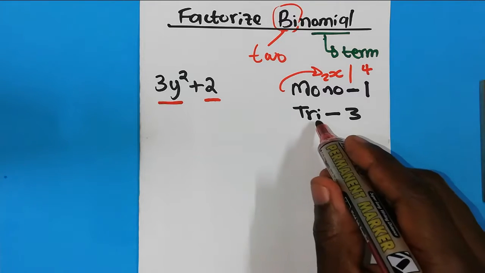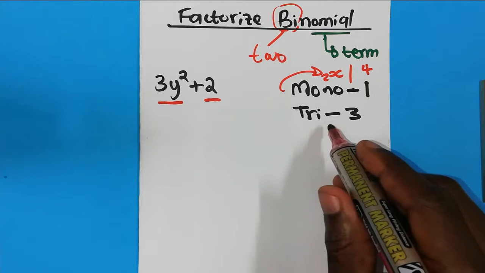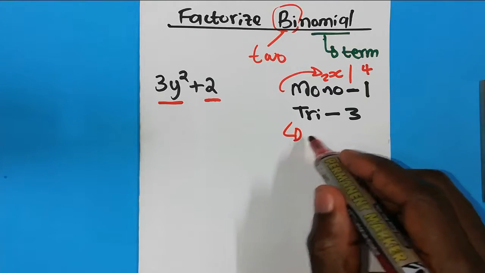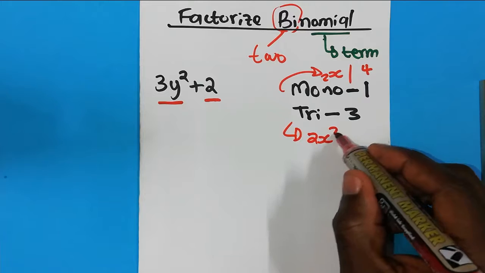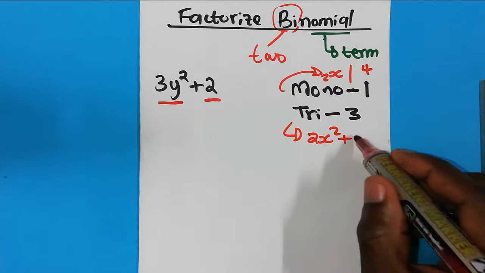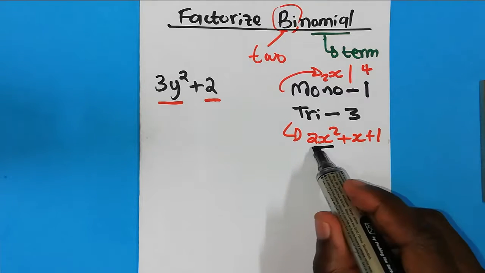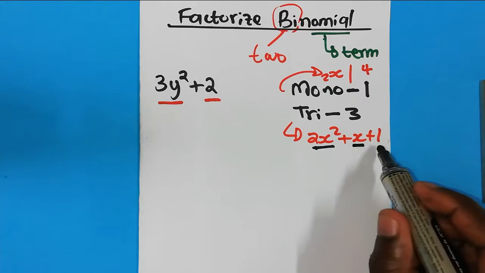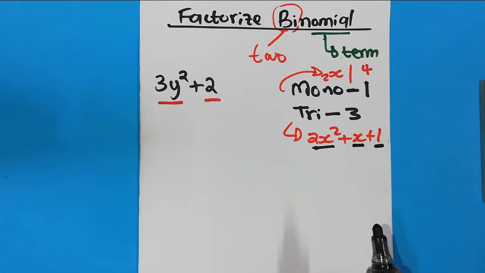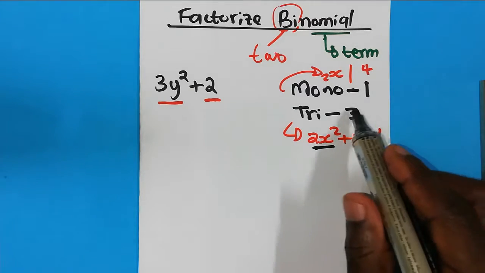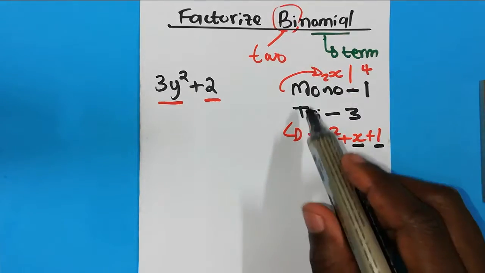What about trinomial? If you have a trinomial, let's say 2x squared plus x plus y, how many terms do we have? This is the first term, second term, and this is the third term. So it's 3 terms. 3 is trinomial.